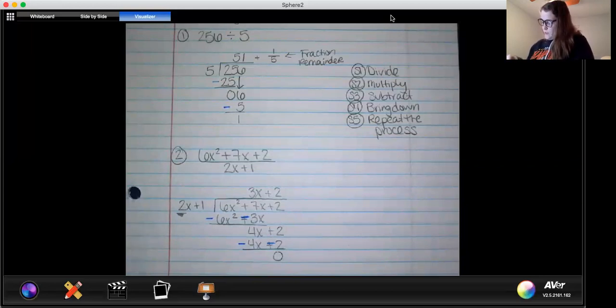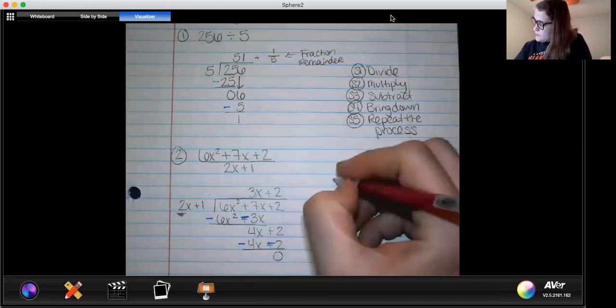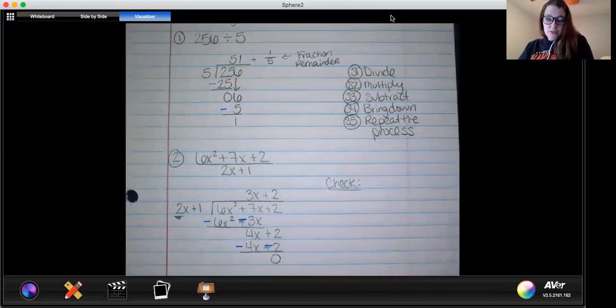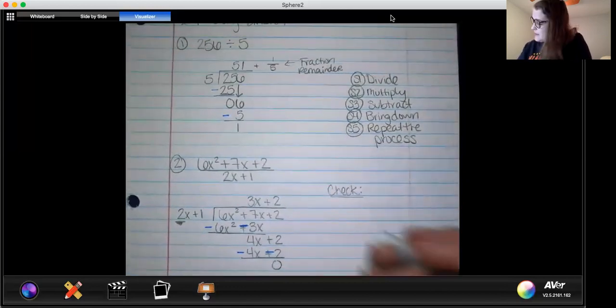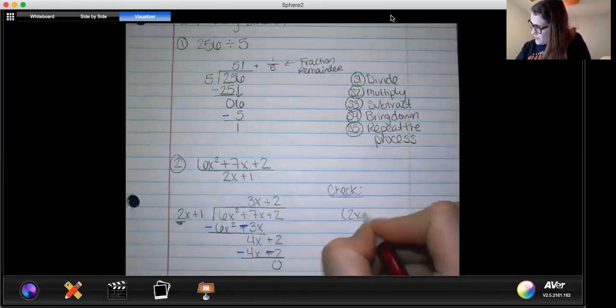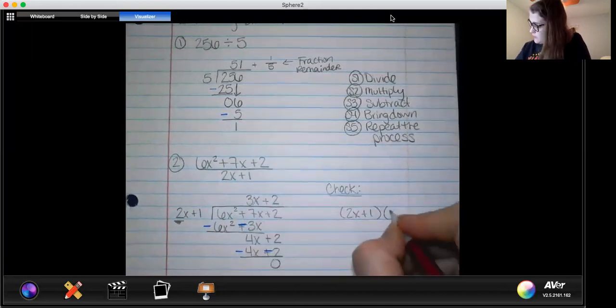Okay, now when we have this situation, it's probably a little bit harder for you to think, did I do this correctly? So the best way to do a checking method is to do your inverse operation. We just divided, and the opposite of dividing is multiplying. So to check your answer, which you're not required to do, but it's always good to do so you know that you got it right, take your divisor and multiply it to your answer, or the quotient of your work.